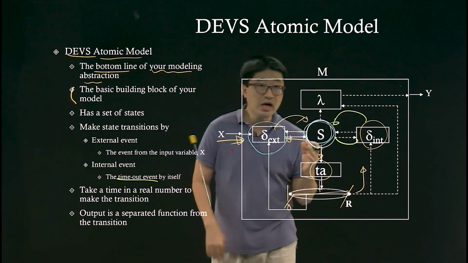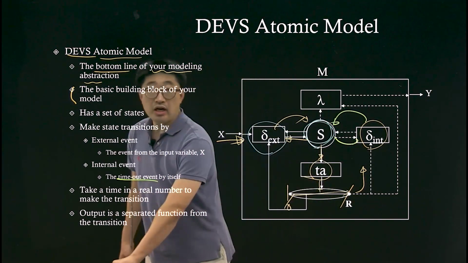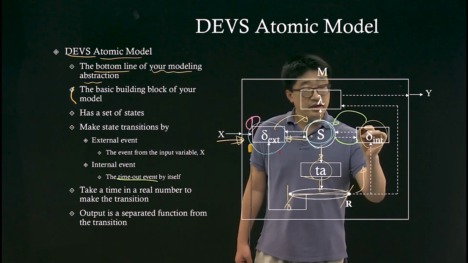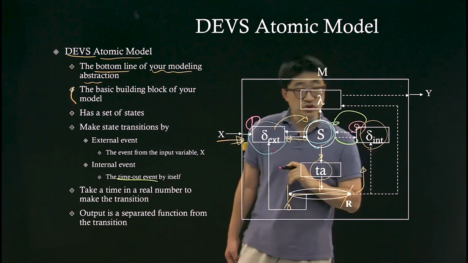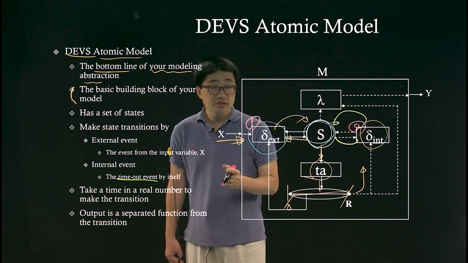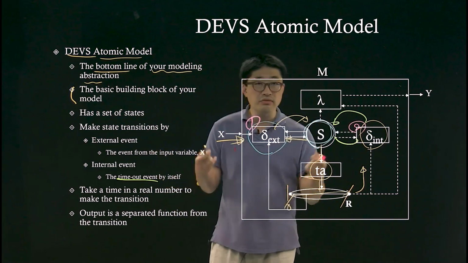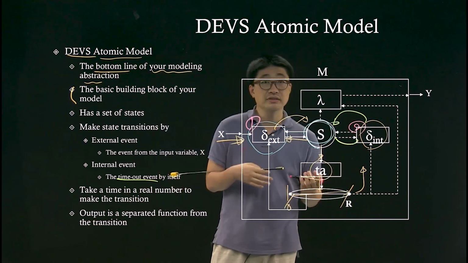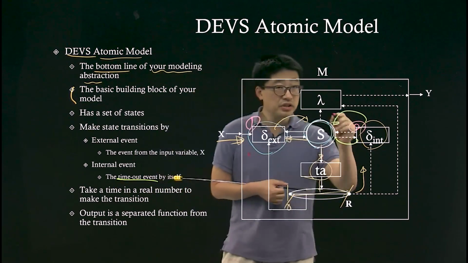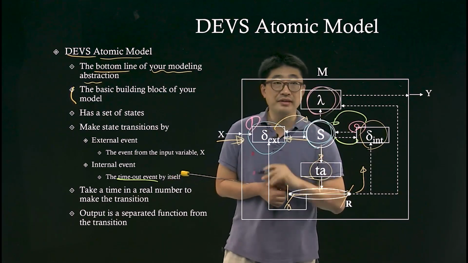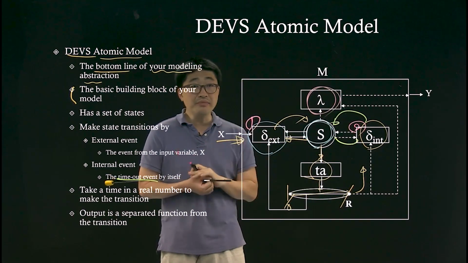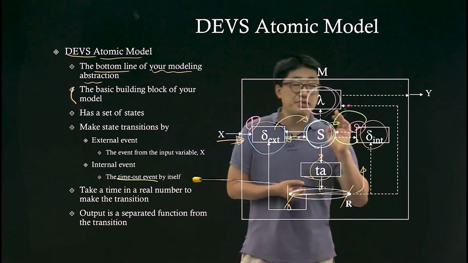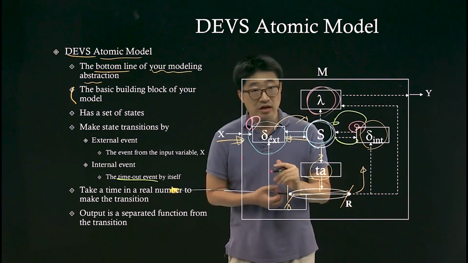However, now we have two transitions, delta external and delta internal, so we have a demand to separate out the output function. The output function is lambda, and lambda will be called when the timeout is done.